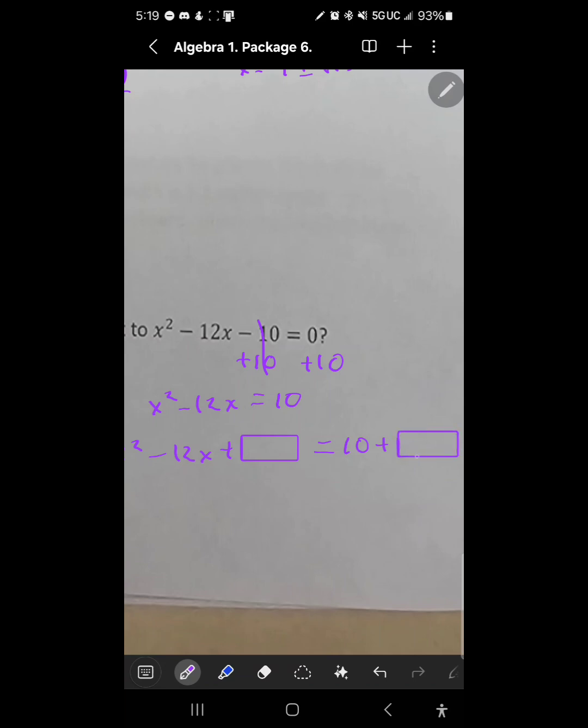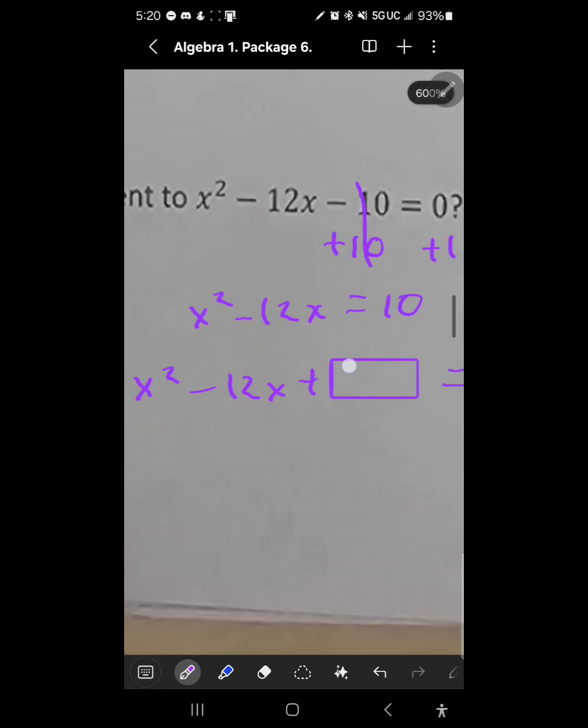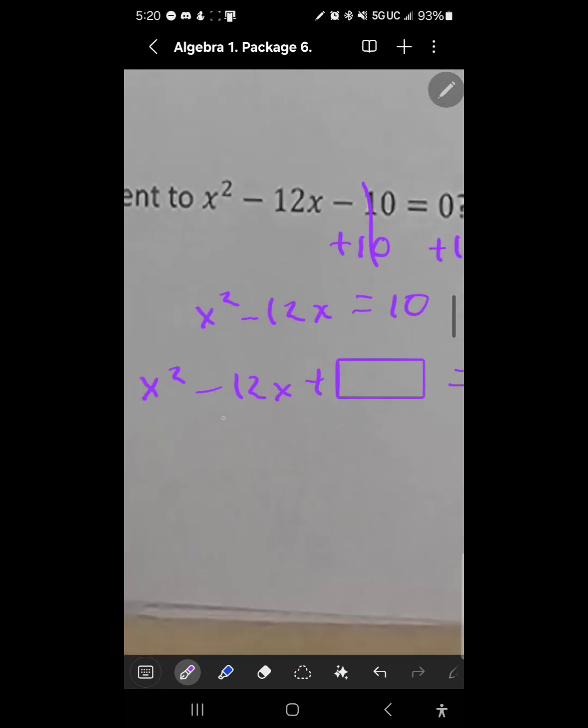You never forget the rectangle on both sides. It must be equal. Now we're going to divide the middle one by 2. So 12 divided by 2, that's going to be 6. The middle one divided by 2. And then we're going to square it. So 6 squared equals 36. So we add a 36 here, and we add a 36 here.